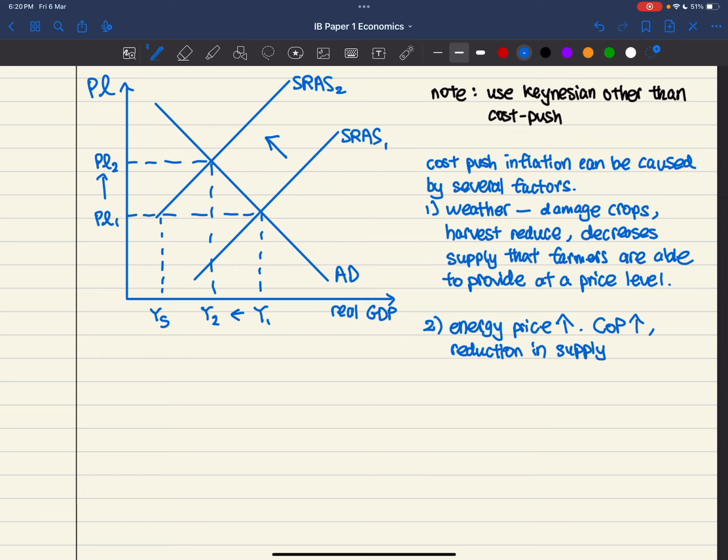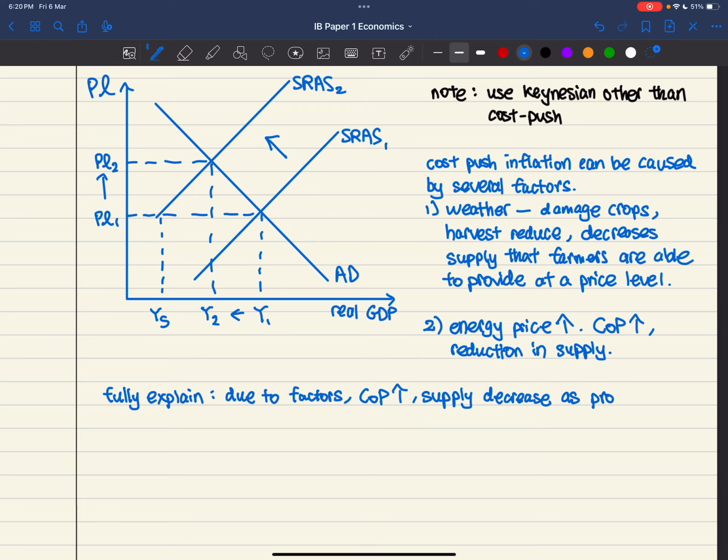What do we do next? Now fully explain. So how does this work? Due to these factors, COP increases, supply decreases. Why?